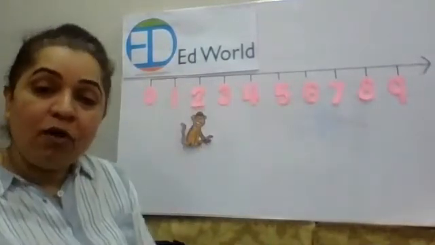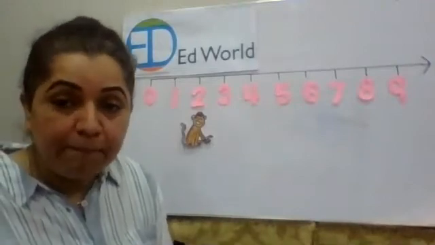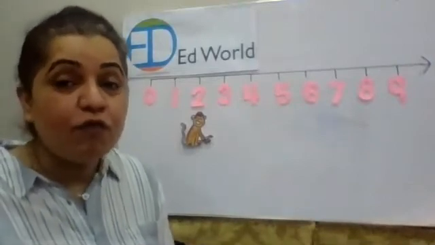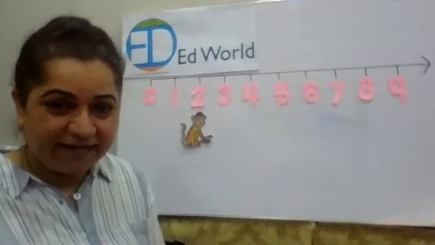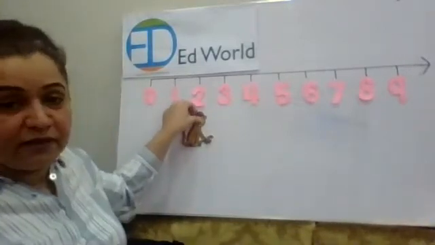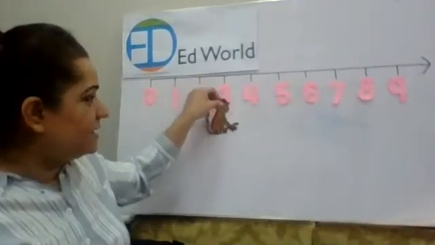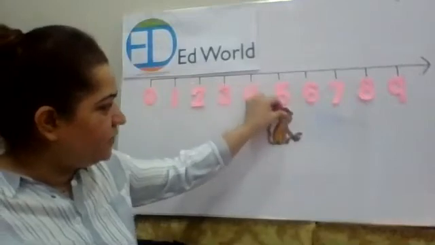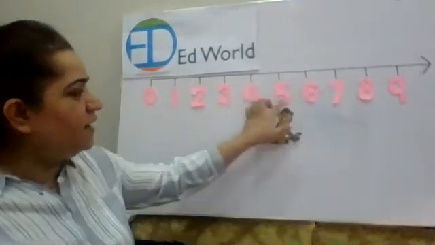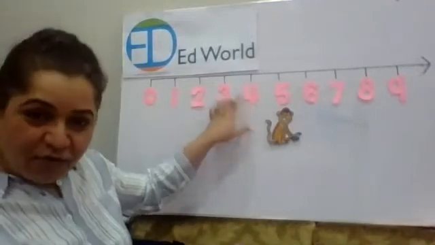Okay, so now if you ask him to jump onto the number bigger than 4, which is the number bigger than 4? Yes, 5 is bigger than 4.